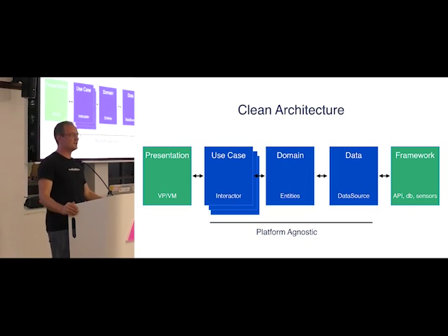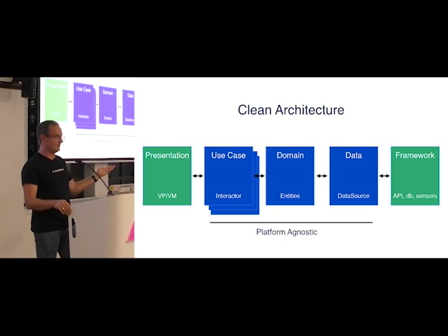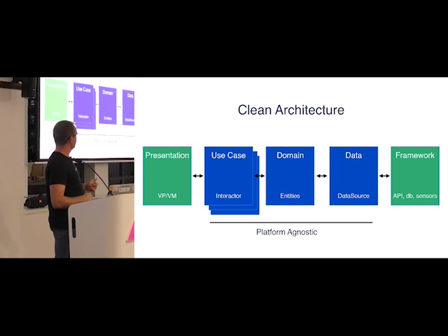But hold on a second. I've just referenced the repository pattern for the data source. You've been doing this, I'm pretty sure. And correct me if I'm wrong, but usually inside a repository, you do use a database and you do use some sort of Retrofit or whatever API reference you need. How can you keep the data part platform agnostic and move something to the framework, which is supposed to have this API, DB, sensors, whatever, platform?